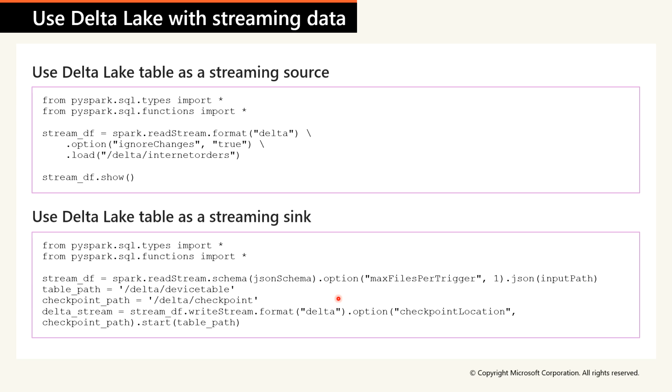Then there is the checkpoint path, which tracks the progress of the data processing. With .writeStream, we can write streaming data into Delta. Then we enable .option, which helps us recover from any deletion that happens. With start, we begin the streaming. This is all about streaming data using Delta Lake.